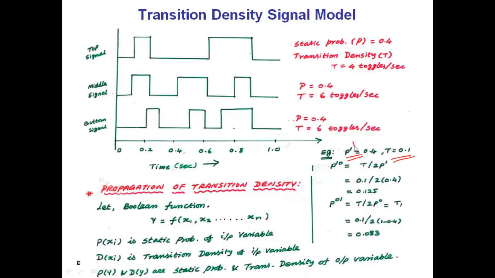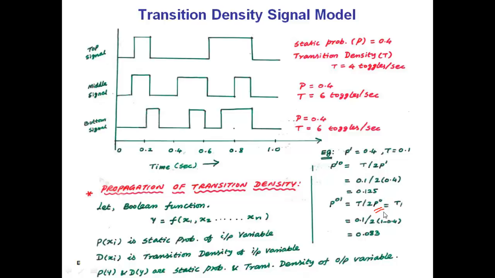If I have the logic high probability to be 0.4 and the transition density is 0.1, if there is to be a transition, then I will be able to know how the probability of 1 to 0 will occur just from these 2 data. The 0 to 1 and 1 to 0 transitions give me the frequency. Therefore, from the information of P of 1 as 0.4 and the transition density of 0.1, I will now be able to define P of 10 as equal to T divided by 2P1. And this is how. Similarly, I could take another case.